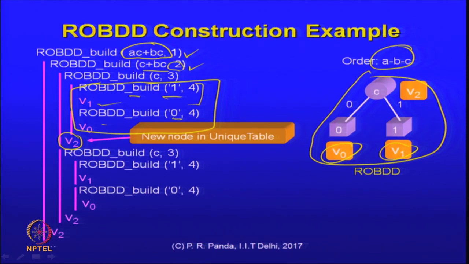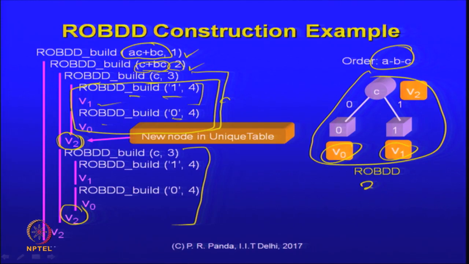Okay. I return from here with respect to B, you get C, that is what this was, but when you take the cofactor of C plus BC with respect to B prime, what do you get? You also get C. So, essentially this is another call. This is the same thing that is called twice, that is the same logic all over again, because that function is again C. Because V2 was already created corresponding to that function C, now at the end of this recursion, in fact, what do I have?